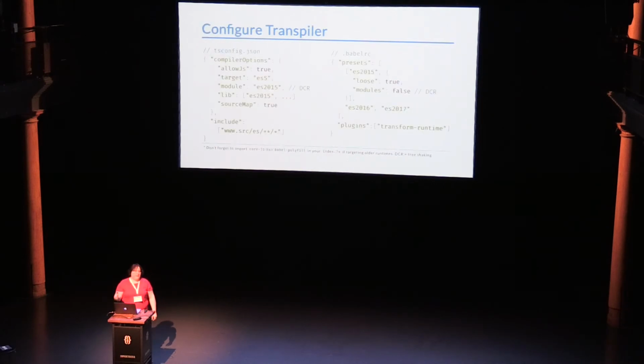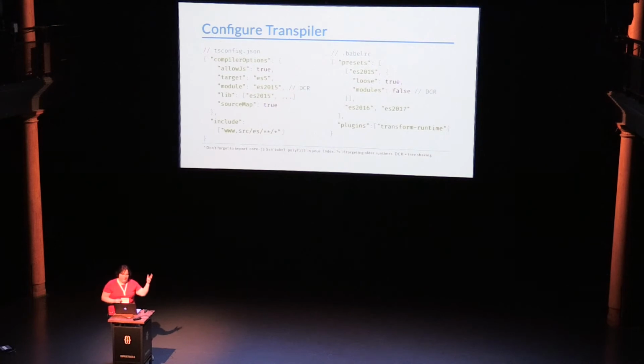So configuring your Transpiler is not that hard. On the left, I've got TypeScript. On the right, I've got Babel. They are doing functionally the same thing. You're telling it that I'm targeting ES5, that I want to use ES 2015 modules and pass those on to Webpack, because Webpack will do dead code elimination, which is really nice.